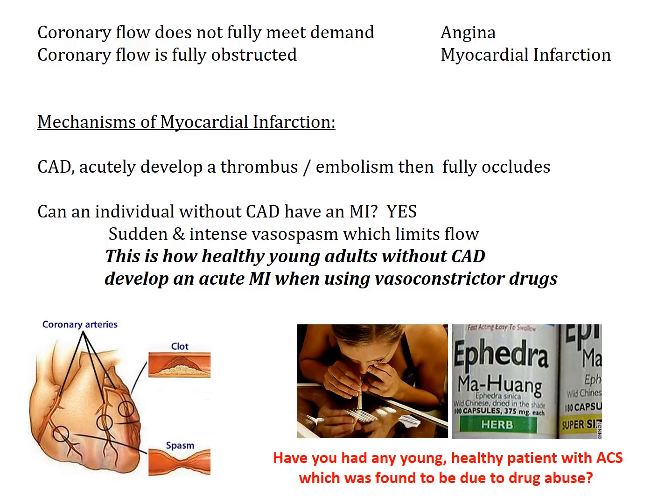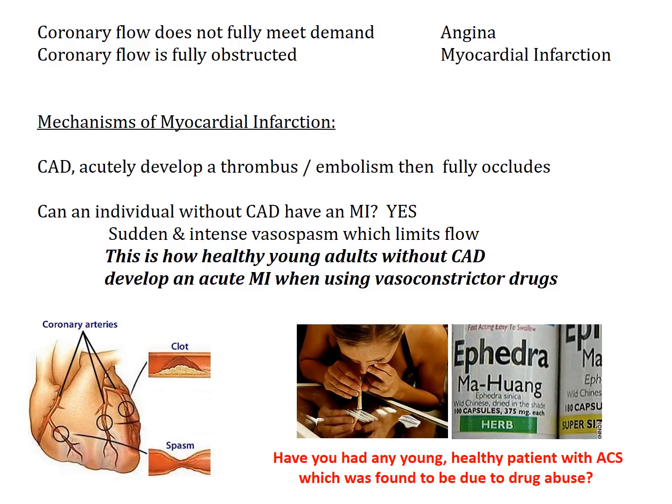I'm sure a number of you have seen that. I put that up as a discussion thread, so if any of you have seen a young healthy adult develop acute coronary syndrome or MI due to intentional recreational drug abuse, we'd like to hear a little bit about that on that discussion thread.